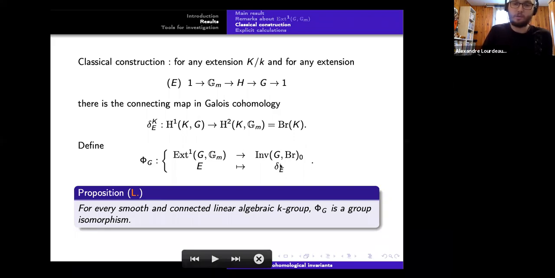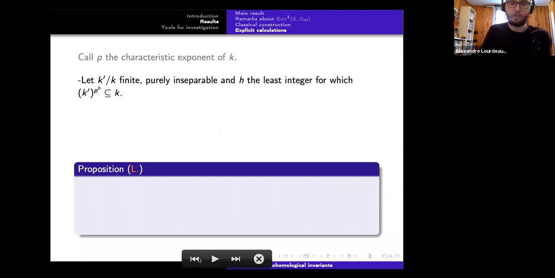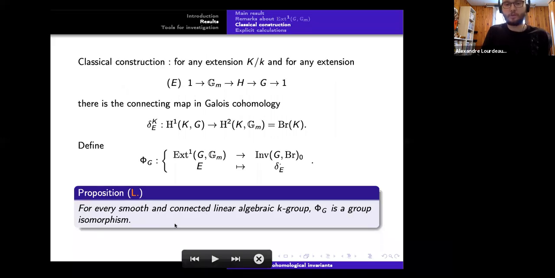Delta E dot is the collection of all delta E K. Well, the result is that for every smooth and connected linear algebraic group, this classical construction gives an isomorphism, and that was not obvious. Actually this is a corollary of the theorem above, and for this proposition, we need the naturality of the isomorphism in the theorem.